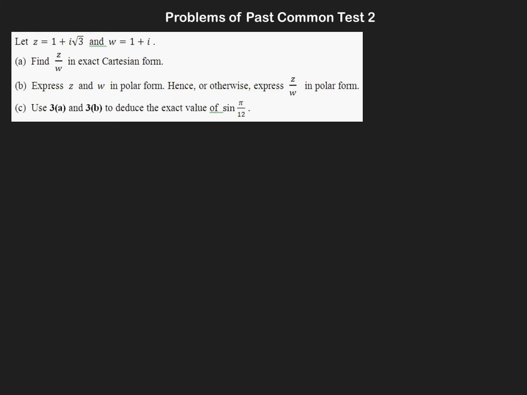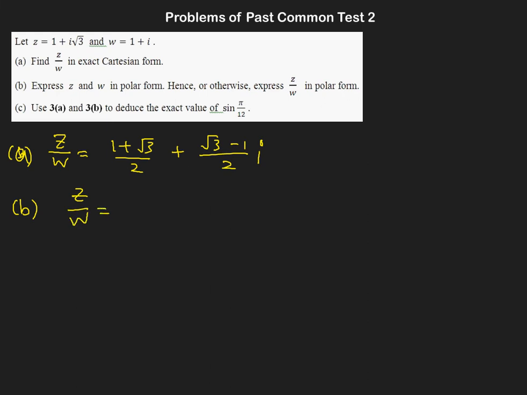Let me write this again, copy in case we have forgotten: this is root 3 plus root 3 minus 1 over 2 i. And part B just now we showed that Z over W is in fact root 2 cis pi over 12.